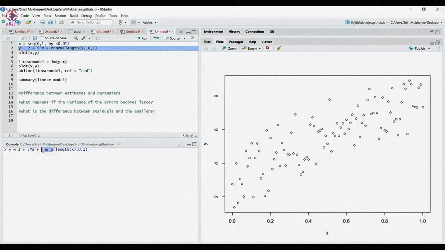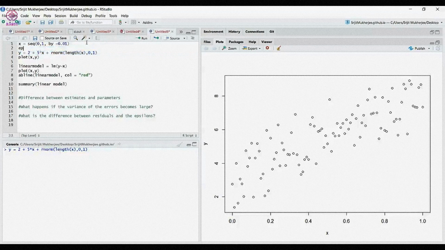I can write it as epsilon. So let's write it as epsilon, normal. Observe that we are selecting the length, the number of x's, that many epsilon i's, from normal 0, 1, and we are correspondingly adding epsilon to this.